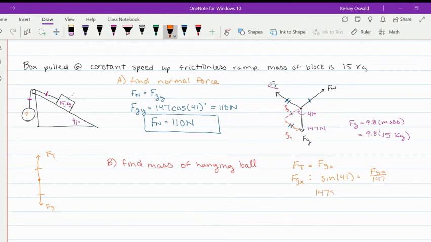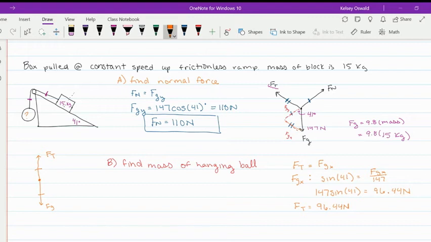Multiply each side by 147 to get the force of gravity in the x direction by itself, and we'll find that F_gx is equal to 96.44 newtons. That means our force of tension also has to be 96.44 newtons, because we said they were equal in magnitude.